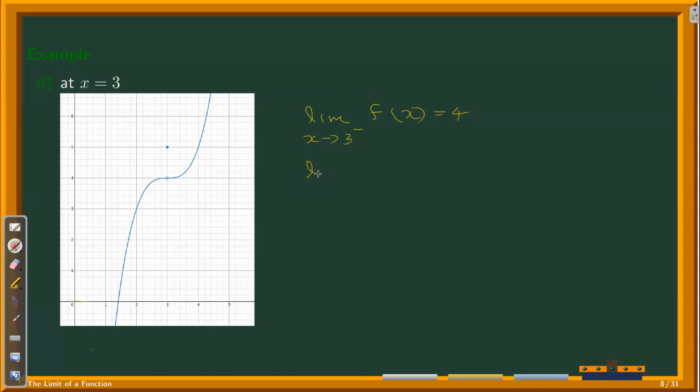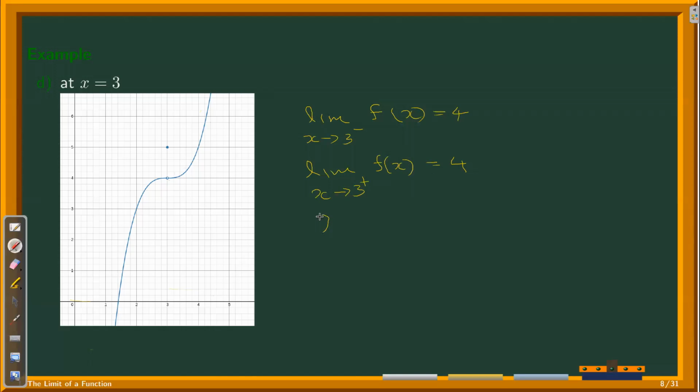And the limit from the other side, this guy is also 4. When x goes to 3 from here, this is also getting close to 4.